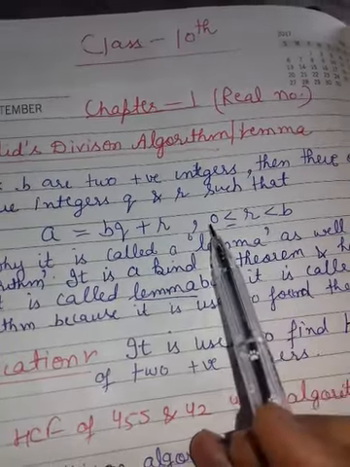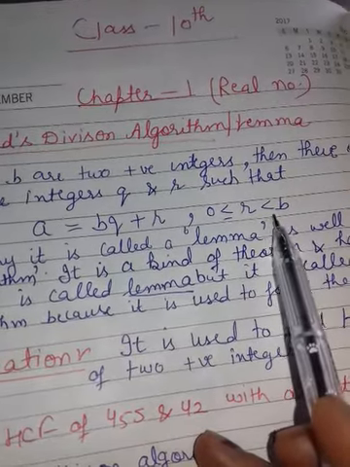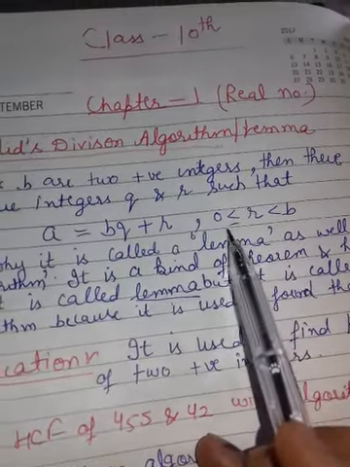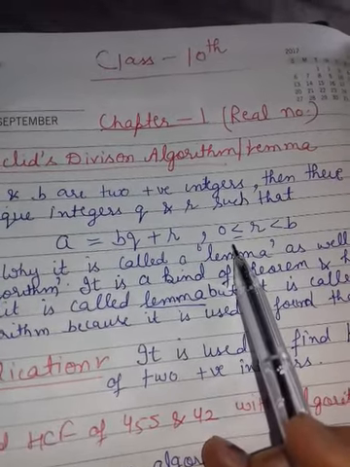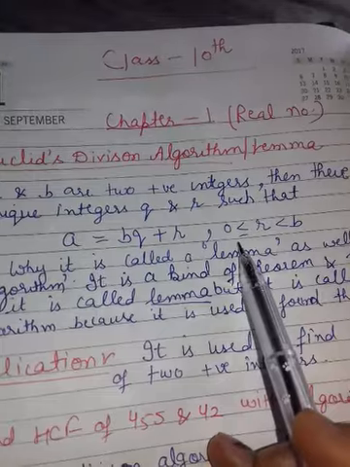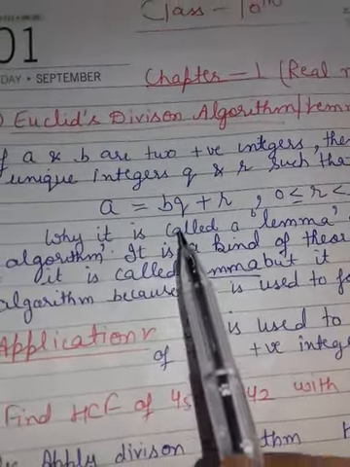The r lies between 0 and b, but equality is not with b, though with 0 it is. We are already familiar with the division algorithm, how to divide. The same procedure is here. I will tell how to do.